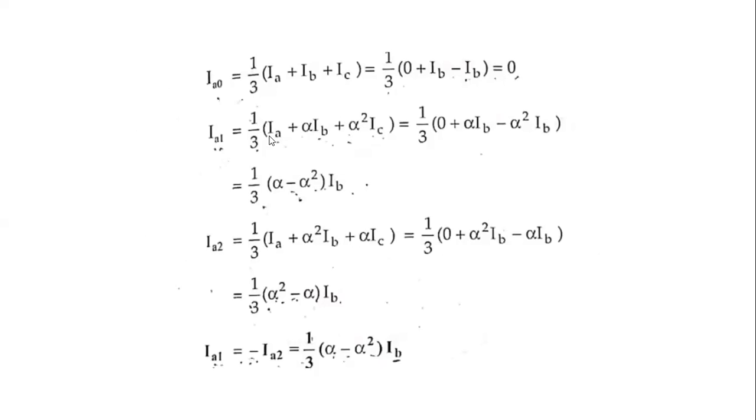What is the IA1 formula? Therefore, IA1 is equal to 1/3 into IA plus alpha IB plus alpha square IC. We substitute IA is equal to 0, and then alpha into IB plus alpha square into IC. What is IC? IC is equal to minus IB.